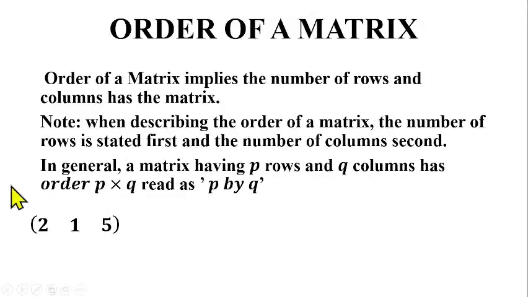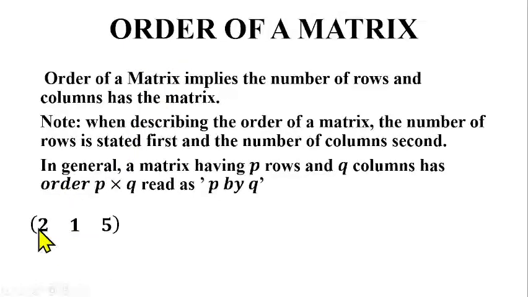Now in this example on the screen, can you tell me the number of rows and number of columns this matrix has? Of course we know that it is a matrix because the numbers are arranged in rows and columns. But can you tell me how many rows and how many columns this matrix has? Because that is the order of that matrix.